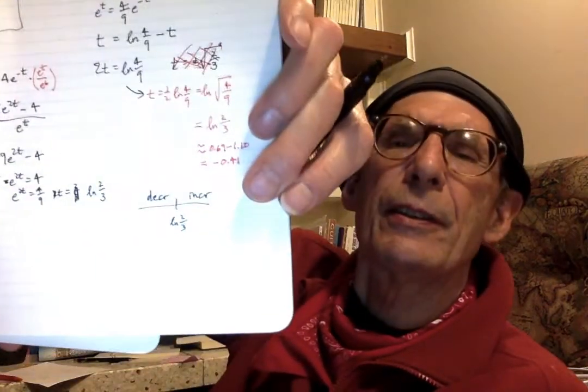And so all we need is the sign. So we've got the sign. The sign changes at natural log of 2/3. And so with this change at natural log of 2/3, the function changes from decreasing to increasing. So that's this little diagram here.